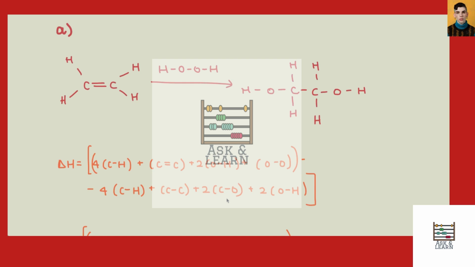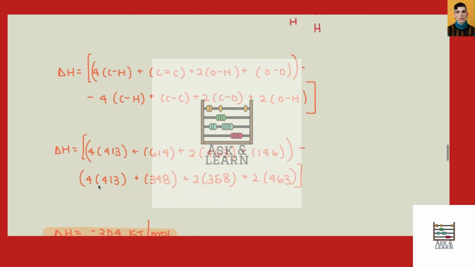So now what you could do is you look in an enthalpy table and find the values of these exact bonds. These are known values. You don't have to do any calculations to find them. You can just find this bond in the table. It'll tell you. So now we'll plug that value into our equation for enthalpy. So we'll get 4 times 413 plus 614 plus 2 times 463 plus 146.